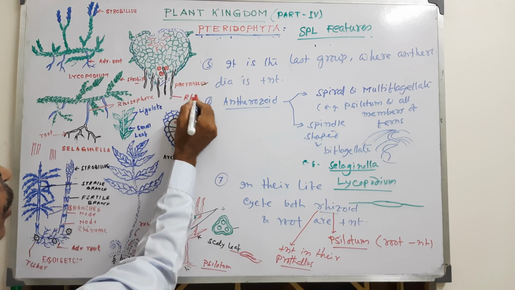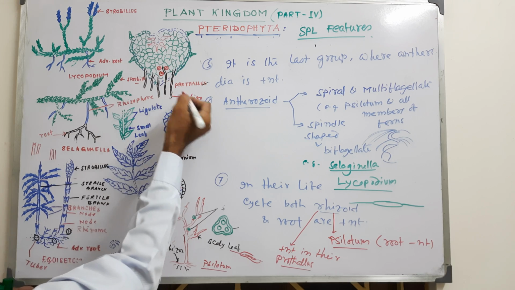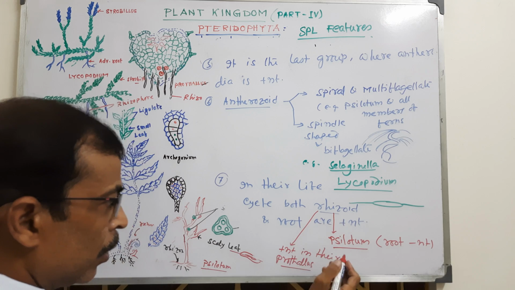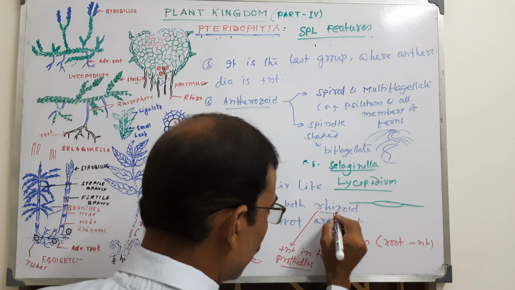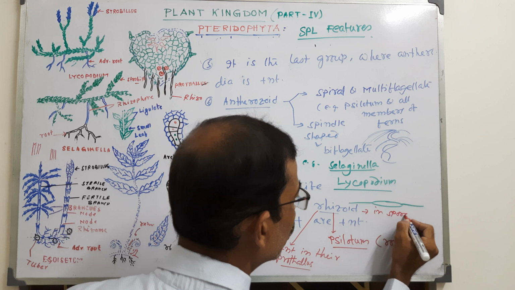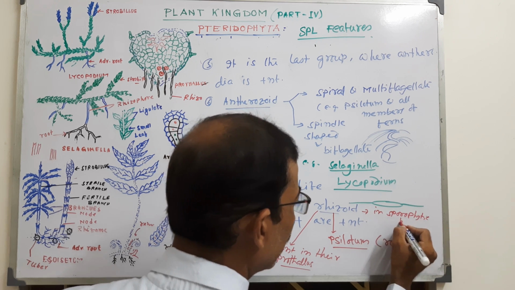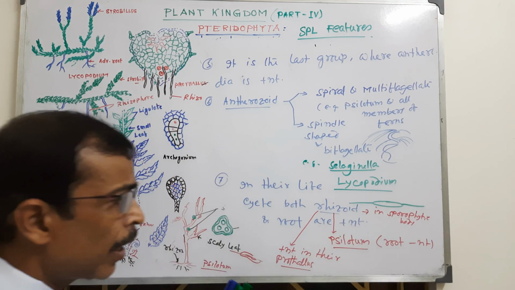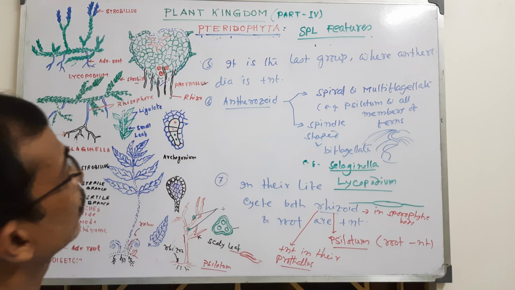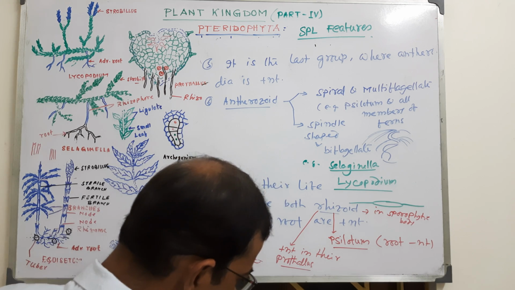So in the gametophytic stage they possess rhizoid, and in some cases like Xylotam, rhizoid is present in the sporophytic body. It indicates that it just arises from bryophyte.